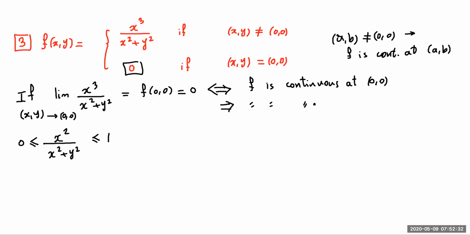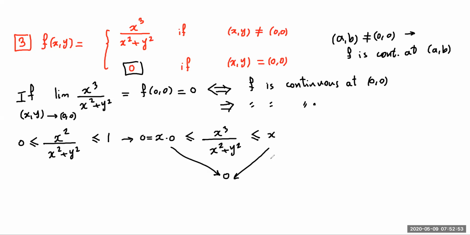Okay. So now let's multiply by x. So x times 0, which is 0, is less than or equal to x^3 over x^2 plus y^2, which is less than or equal to x. Now, this approaches 0, and this term also approaches 0 when (x, y) approaches (0, 0).